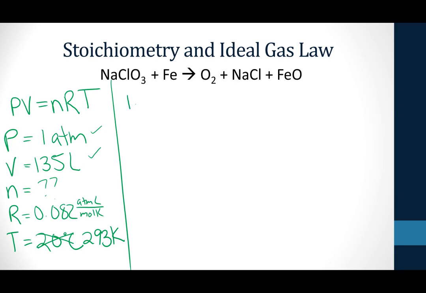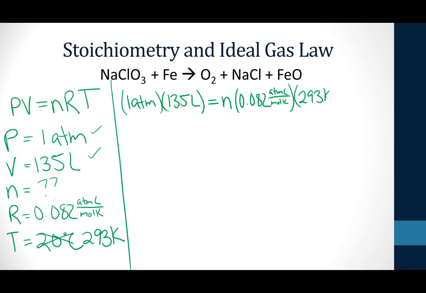So plug in what we know. So 1 atm, 135 liters equals n, 0.082 atm liters per mole Kelvin, and 293 Kelvin. Okay. So the first thing I'm going to do is multiply over here and get rid of those Kelvin.